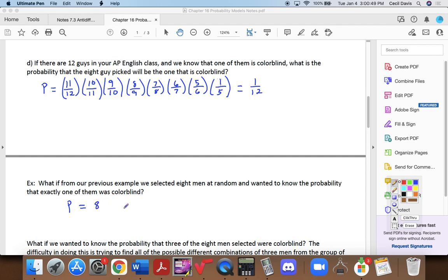Well, we selected 8. So now we've selected 8 at random, and we want 7 of them to be not colorblind, and we want the 8th one to be colorblind.